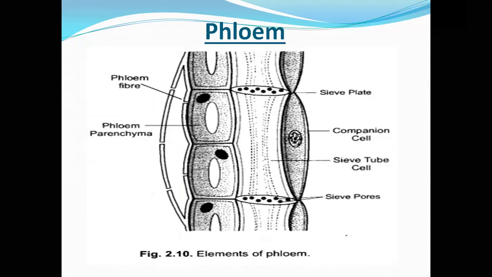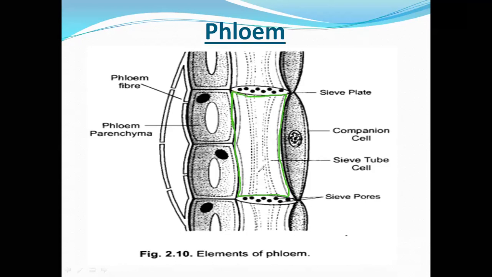This is the complete phloem diagram. Observe how the elements are associated with each other and play their roles. In the center, this one is a sieve tube.